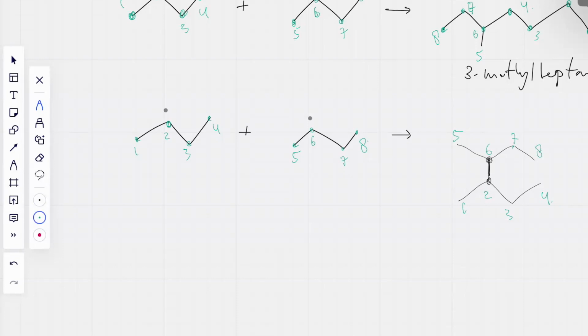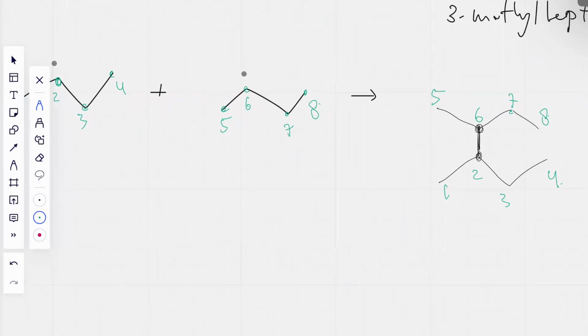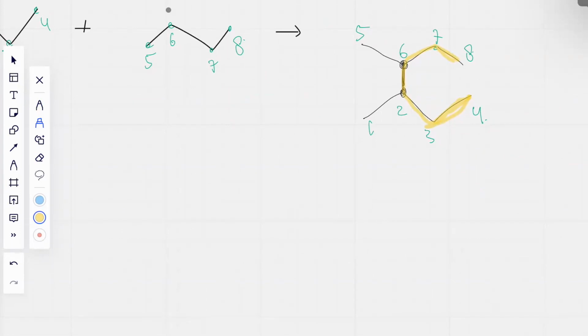Okay. If you want to straighten out, that means this is the main structure, right? So 4, 3, 2, 6, 7, 8.